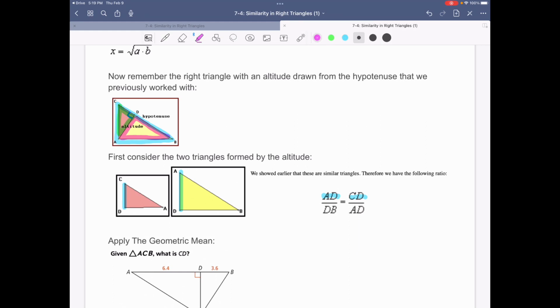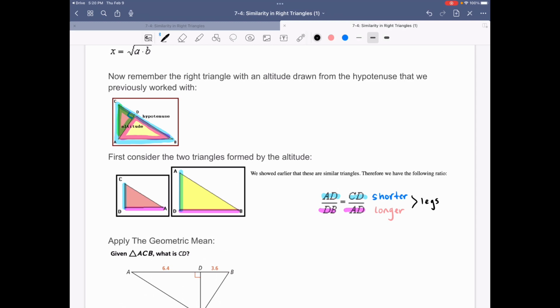Then we have DB is similar to AD, and that is written in the proportion here. And you can see we're comparing the shorter legs, and then on the denominator we're comparing the longer legs. You could also compare the hypotenuses.